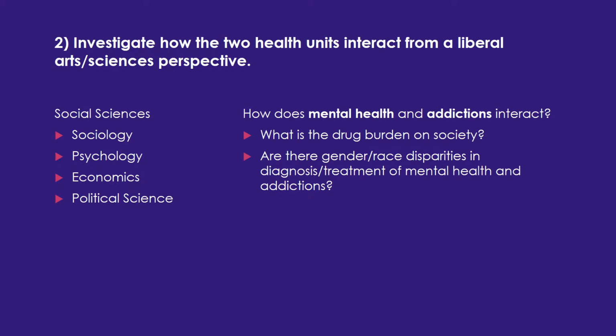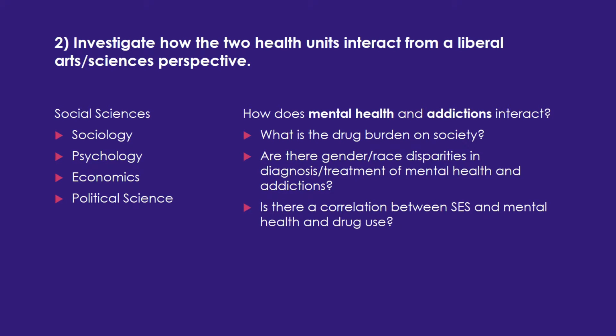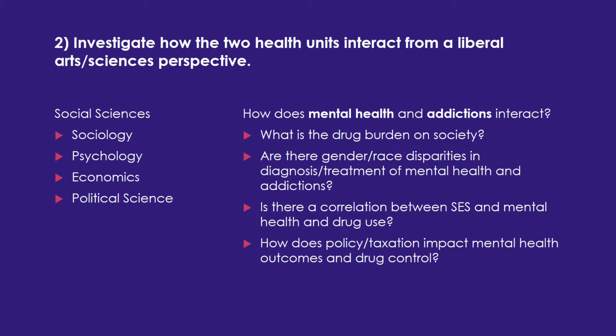Are there gender or race disparities in the diagnosis or treatment of mental health and addictions? Is there a correlation between socioeconomic status and mental health and drug use? And how does policy and taxation impact mental health outcomes and drug control? These are some big questions that the students can really dig into. Then they can go to the professors in those departments and get some guidance. If you have 4 students, maybe they only pick 2 of those disciplines within the social sciences.